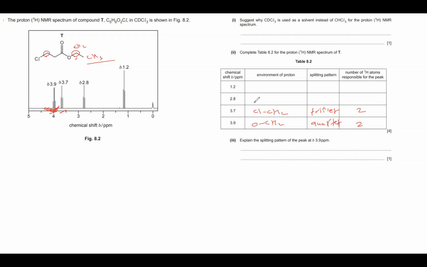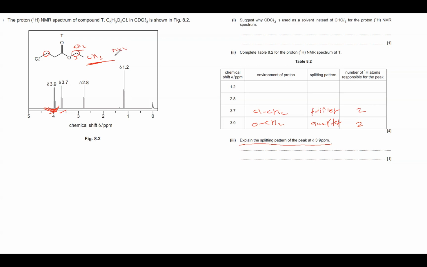I hope this is clear for you. For the next question, explain the splitting pattern of the peak at 3.9. So at 3.9, guys, as we said, on the CH2, beside the CH2 we have CH3, we have 3 hydrogens, so we get a quartet.